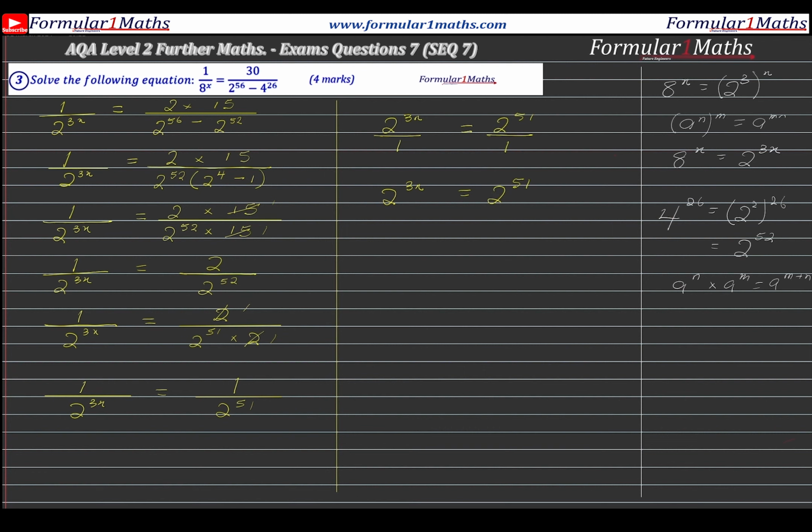According to the laws of indices, the base of the left-hand side of the equation is equal to the base of the right-hand side of the equation. And so that means that the powers must be equal. And that means I can equate 3x to 51. That means x is equal to 51 divided by 3, and therefore x is equal to 17. And that is the required value for x.